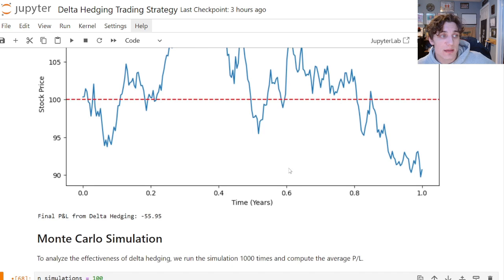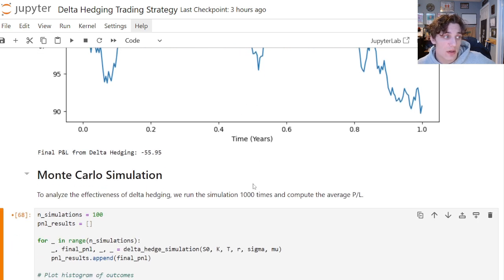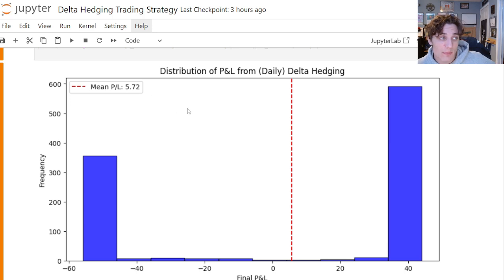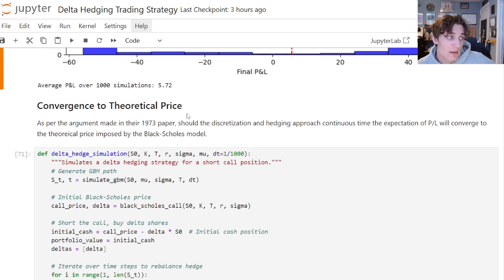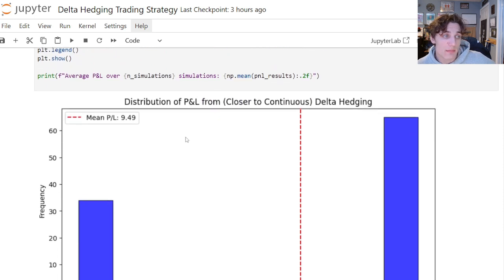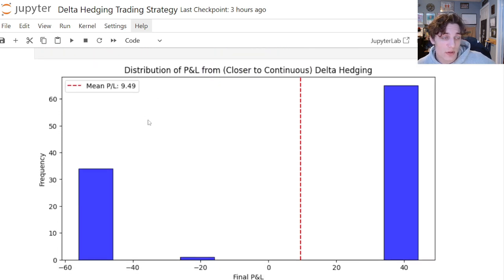If I was to repeat this daily delta hedge, in this case, I get a mean P&L of 5.72. If I was to increase the frequency of hedging, you can see that the mean P&L is going to start to approach that Black-Scholes option price.